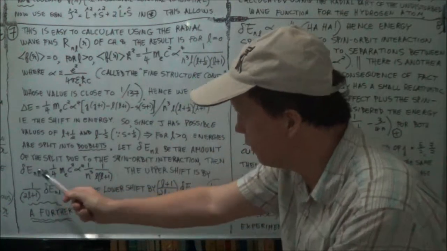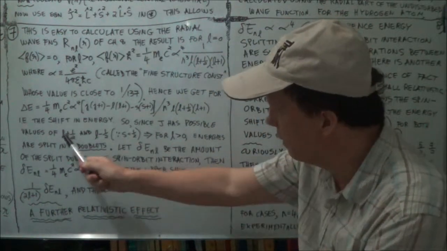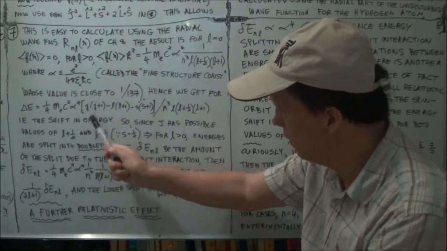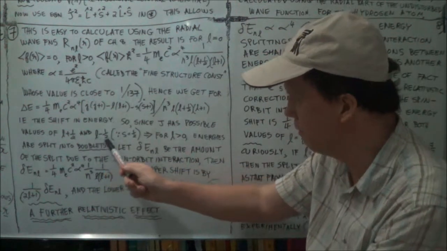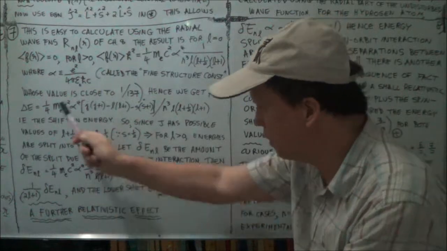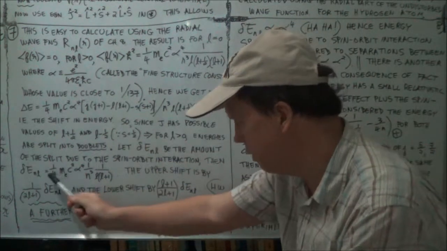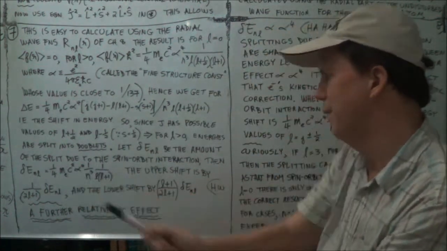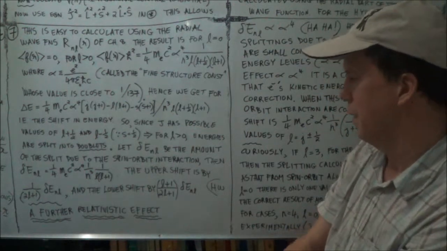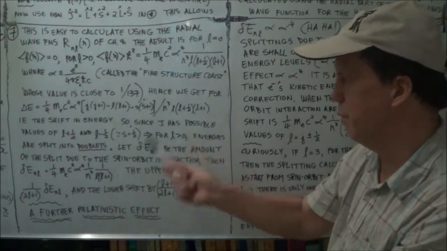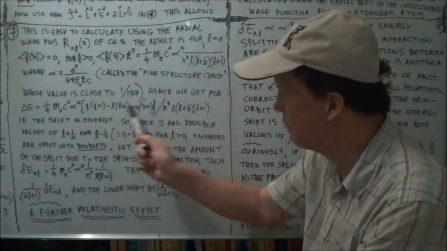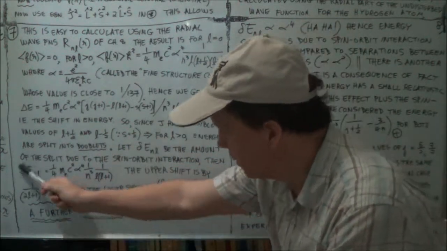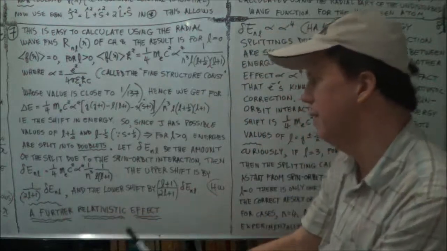Okay, so the difference between those two, when you plug in J as L plus a half here, and plug in L minus a half for J here, the difference between those two energy values works out to be this, right? And so the upper value for this will be this times 1 over 2L plus 1.